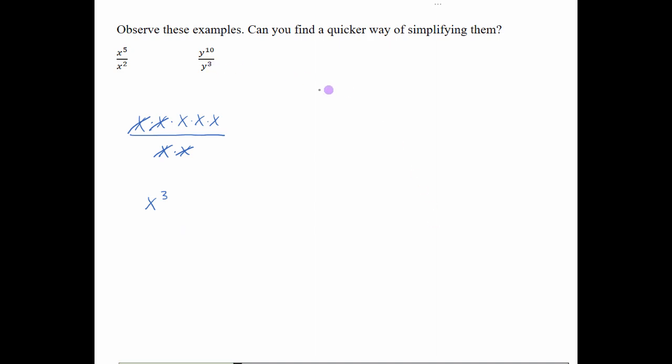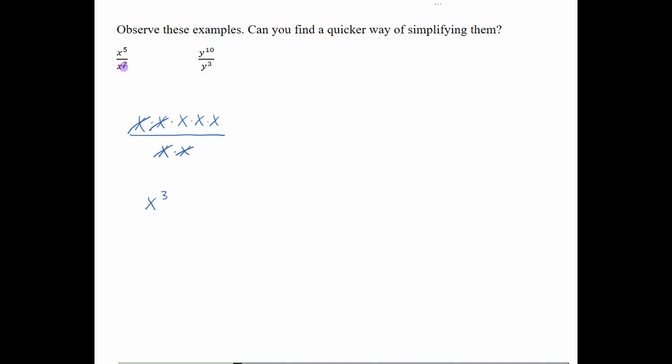Now, when we get to this example, I sure don't want to write out y multiplying itself 10 times divided by y multiplying itself 3 times. So is there a quicker way? In other words, can we get from here to here quickly? Well, if you recall with the multiplication, you're multiplying numbers of the same base, you end up adding the exponents. Here we're dividing numbers of the same base, so it only makes sense that we would subtract.